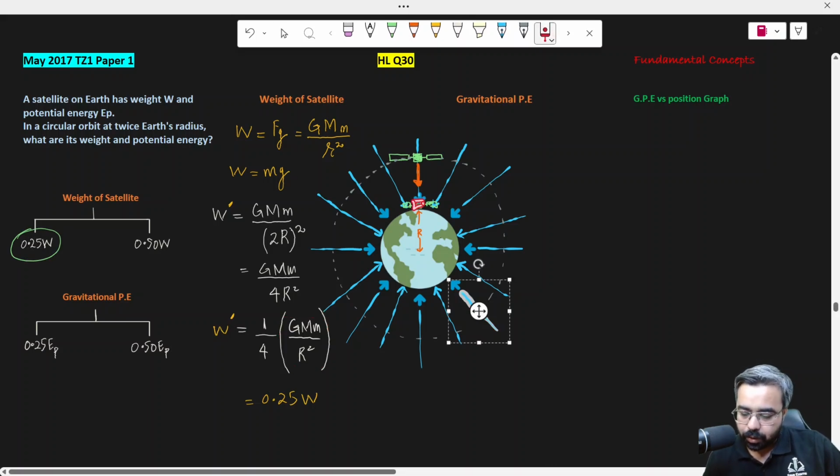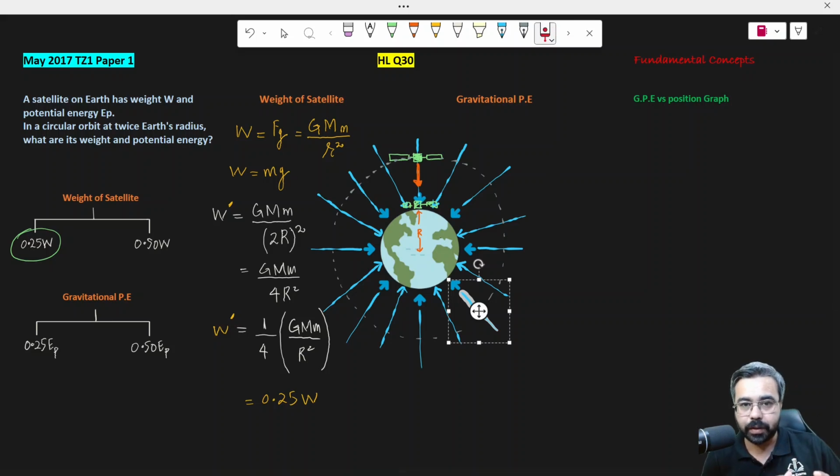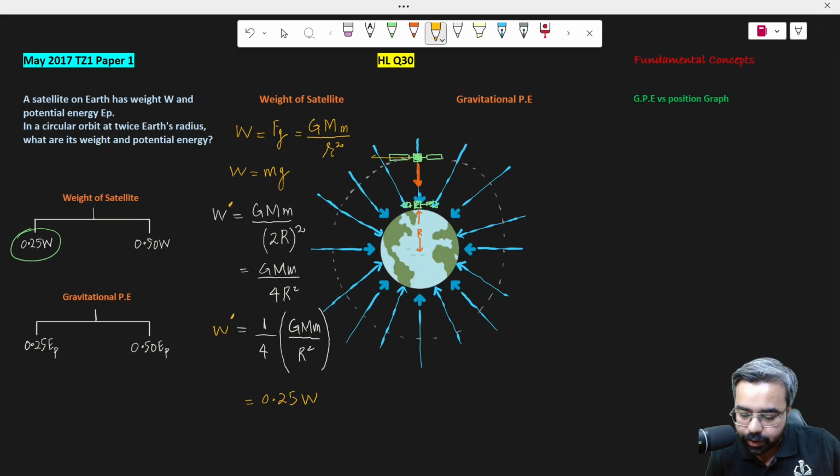Now, let's talk about the gravitational potential energy. And the interesting part of this video is that I am going to show you the graph as well. So don't skip the video. Now, when the satellite is orbiting, it will have a certain speed at that point. It will have a total energy, it will have kinetic energy as well as potential energy. Now, the potential energy, EP, is equal to negative GMm over small r.